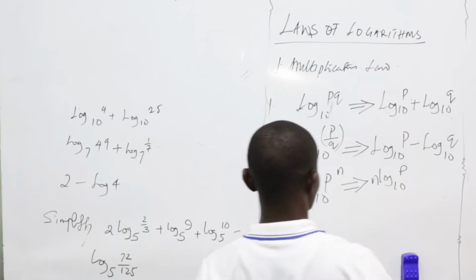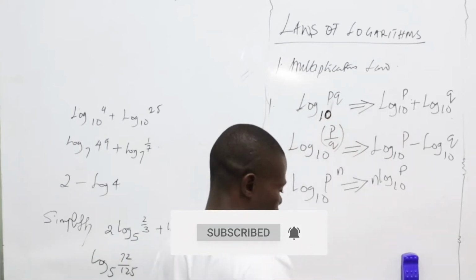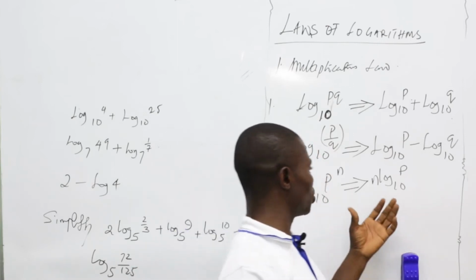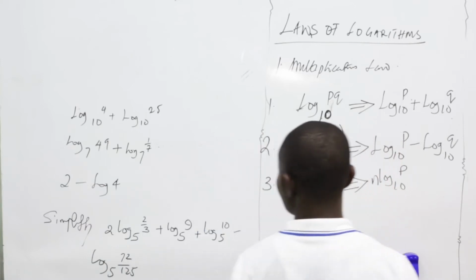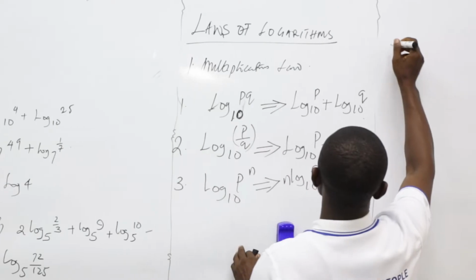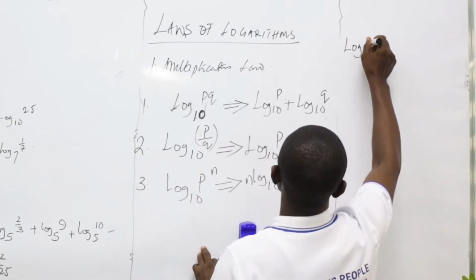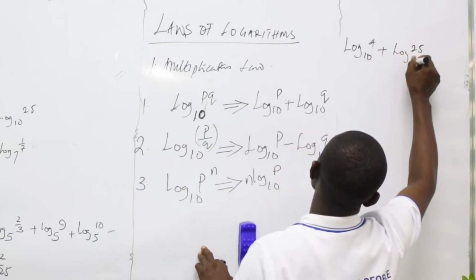Just like the first part we did in our logarithm, we were applying the law indirectly, unknown to us. Now we want to show the full detail of the laws. Question 1, you have: evaluate log 4 base 10 plus log 25 base 10.